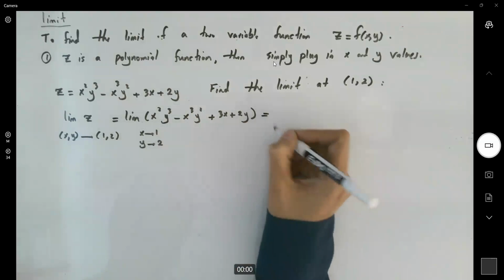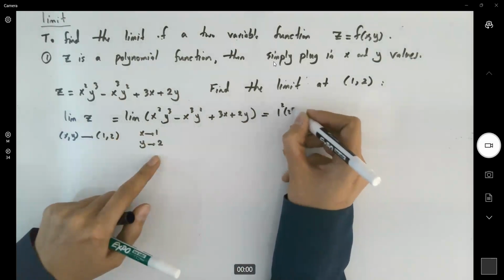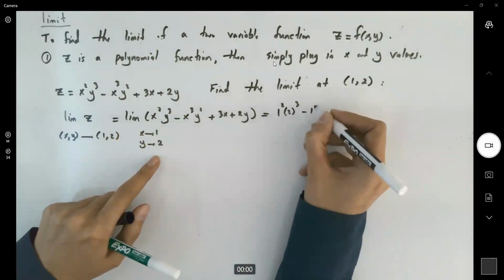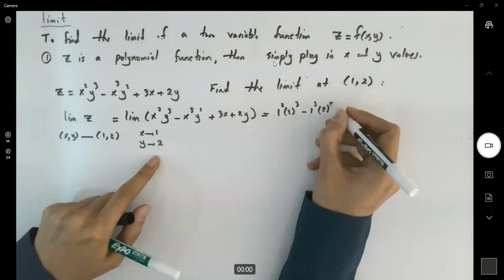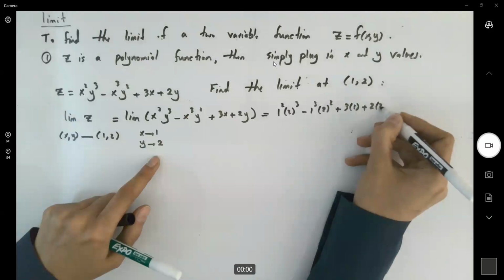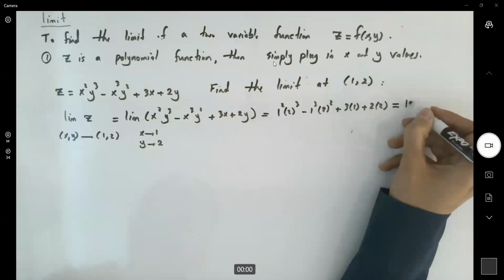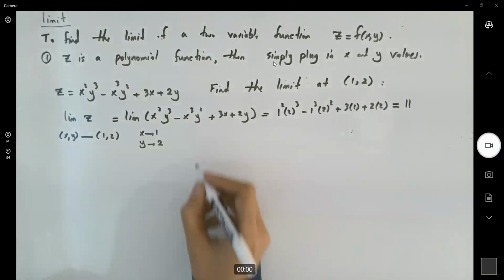Simple substitution. Here you get 1 to the second, 2 to the third, minus 1 to the third, 2 to the second, plus 3 times 1, plus 2 times 2. After simplification, the limit is equal to 11.